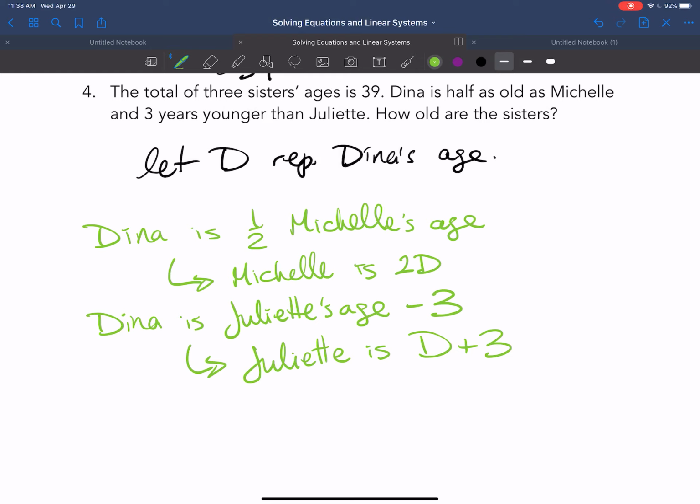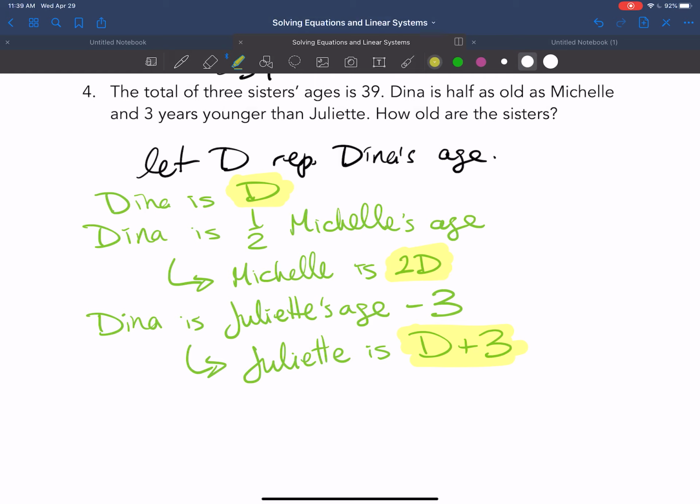So if Dina's age is D, let me just write this here. Dina's age is represented by D. Michelle's age compared to Dina's is 2D. And Juliet's age is D plus 3.